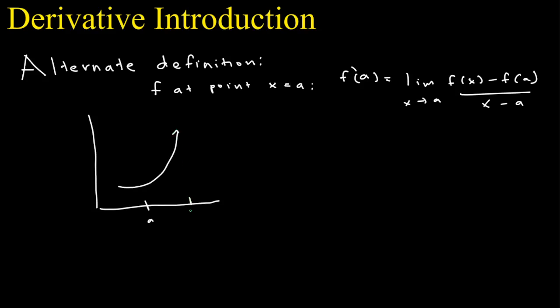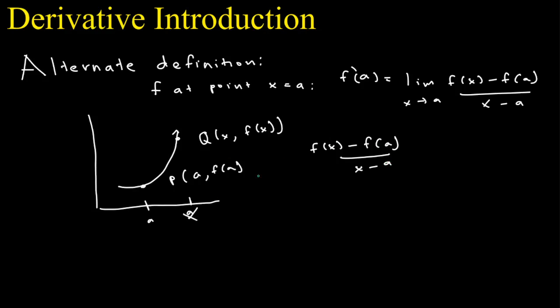There's another point x, which is x comma f of x, and this point is a comma f of a. If we were to do the slope, we'd get f of x minus f of a divided by x minus a. That would be our slope to this point.